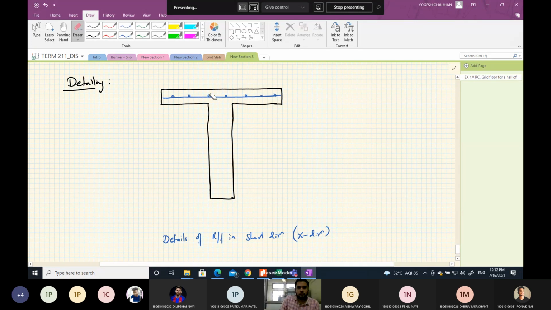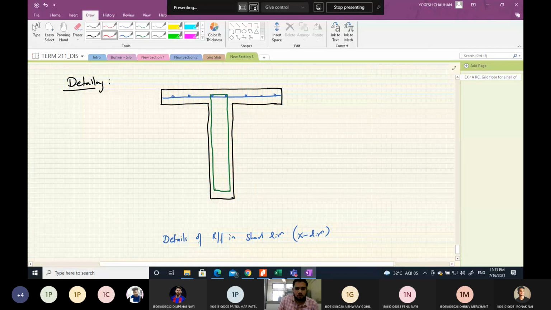So along x direction, the reinforcement will be provided at the top in x direction, and this is the stirrup. In short direction, we are providing 4 bars.